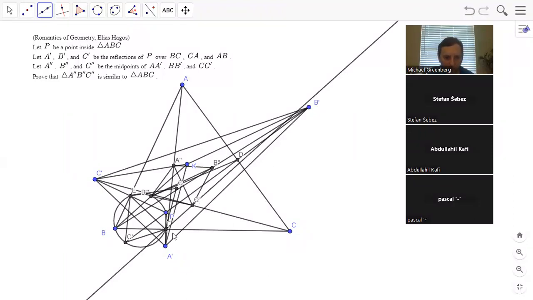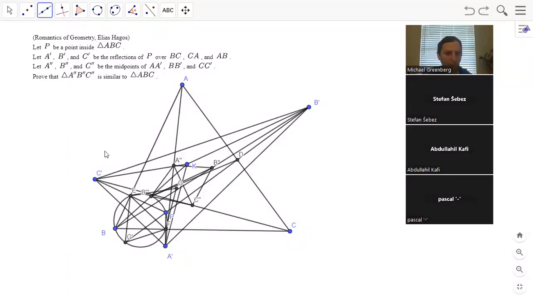So we have F. So FA double prime is parallel to PA. And EC triple prime is parallel to PC. So I wonder if we could use that when we do the gliding principle. I don't know. If we want halfway there, halfway there.